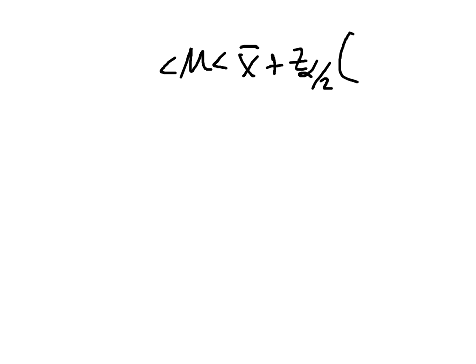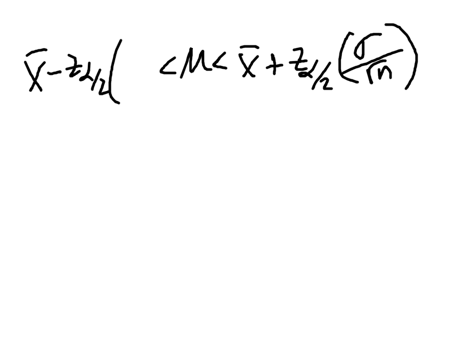So here is the confidence interval formula we're going to use. It's got the sample mean, and to the sample mean we're going to add the product of z sub alpha over 2, which I'm going to talk about at length in just a second, times the given standard deviation, which we know in this section, divided by the root of the sample size. On the other side of our mean, we're going to have our sample mean minus z sub alpha over 2 times the standard deviation over root n.